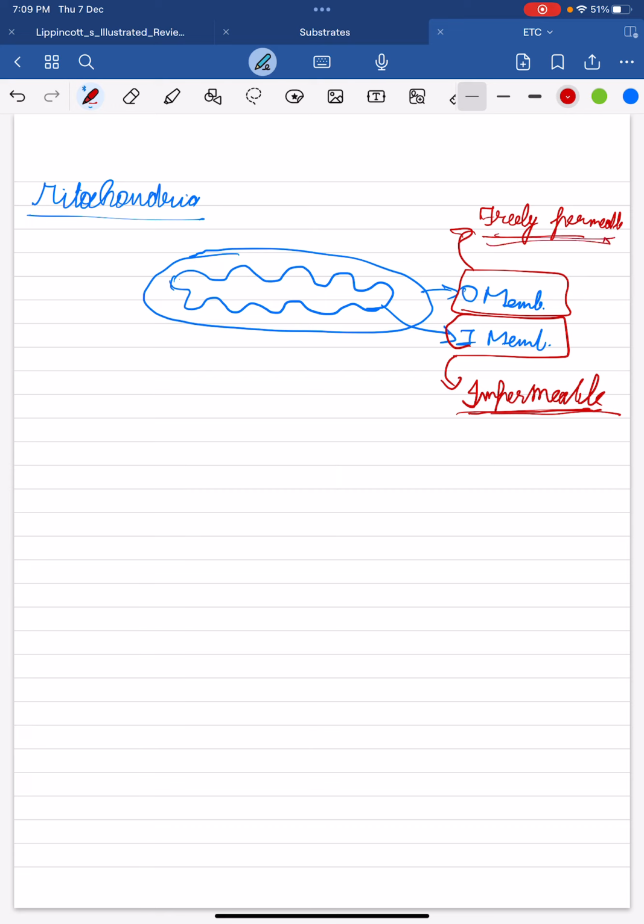So what happens is, if we have to move anything across this inner membrane, we would need some special ports or channels.